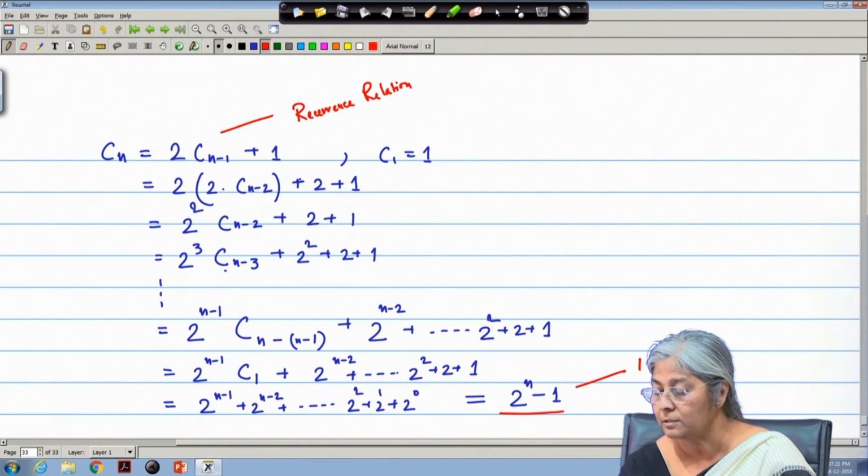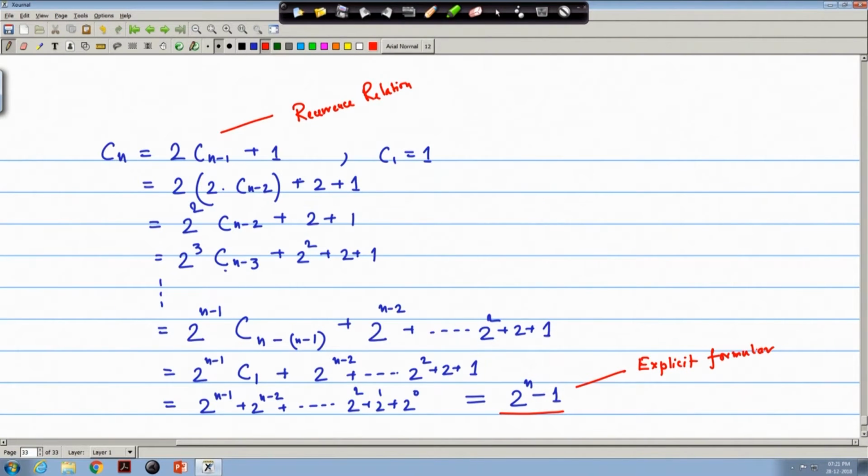This is my explicit formula for the number of moves to transfer n number of disks from one peg to another. So, this is my solution of the Tower of Hanoi problem. And a solution is one that must satisfy the sequence.